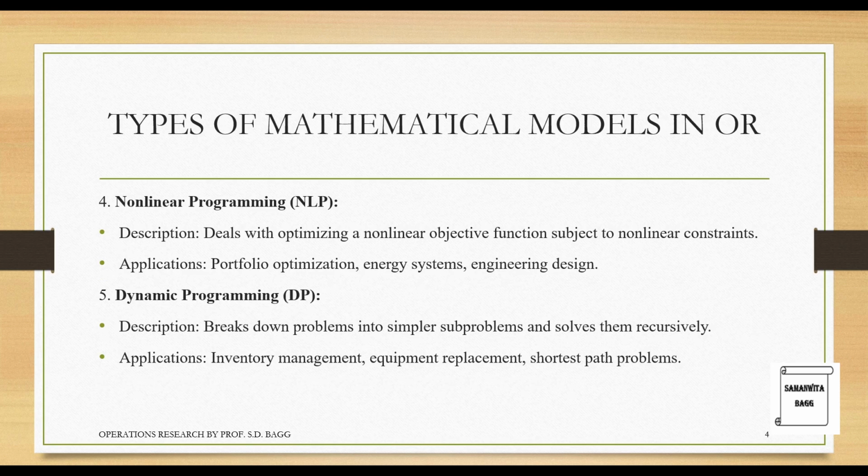Next, we'll talk about nonlinear programming (NLP). It deals with optimizing a nonlinear objective function subject to nonlinear constraints. This is important, that the objective function is nonlinear and so are the constraints. Applications are portfolio optimization, energy systems, engineering design.